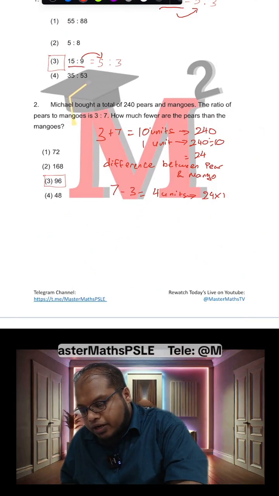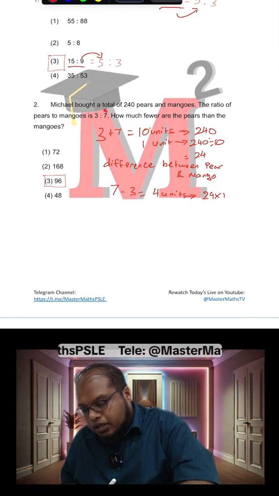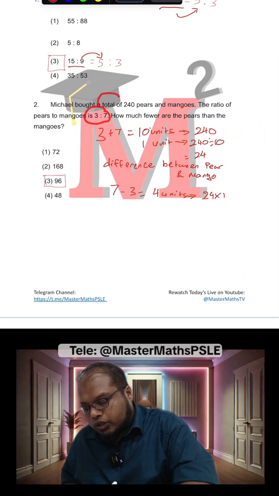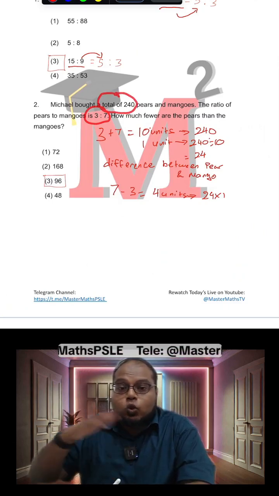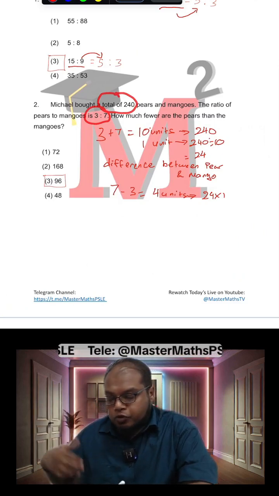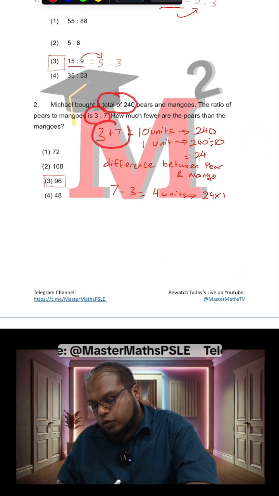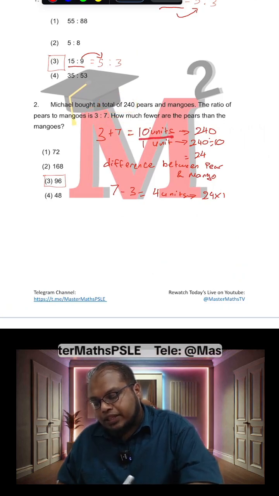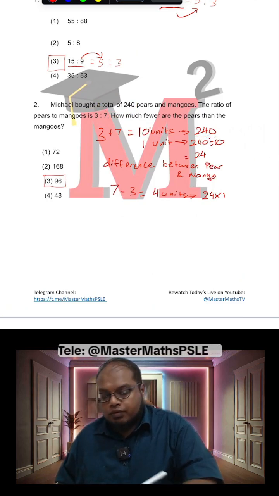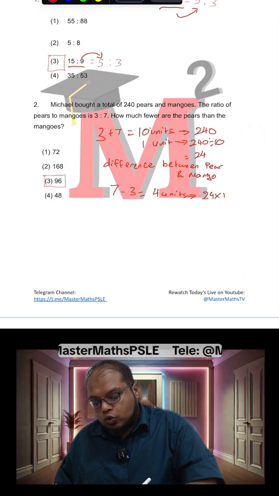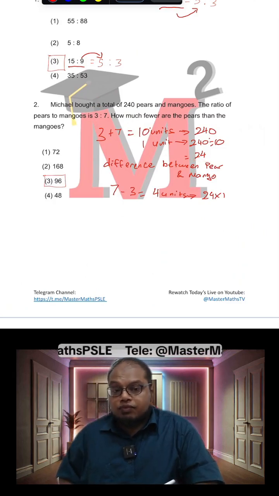Okay, this one here. 3 is to 7 and total of 240. So basically 240 is the total. That's why we find the total of the units. 3 plus 7, we got 10. And 10 is 240. 1 unit is 240 divided by 10, we get 24.